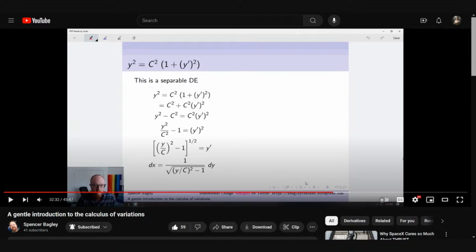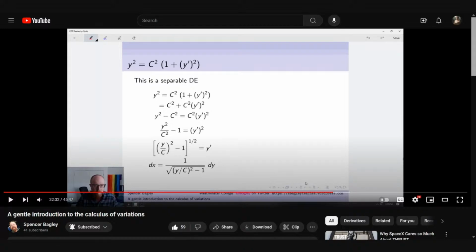Okay, so y squared is equal to c squared times 1 plus y prime squared, and you multiply it out, and then y squared minus c squared is c squared y prime squared. Then we divide by c squared, and y over c squared minus 1 to the 1/2 is equal to y prime.